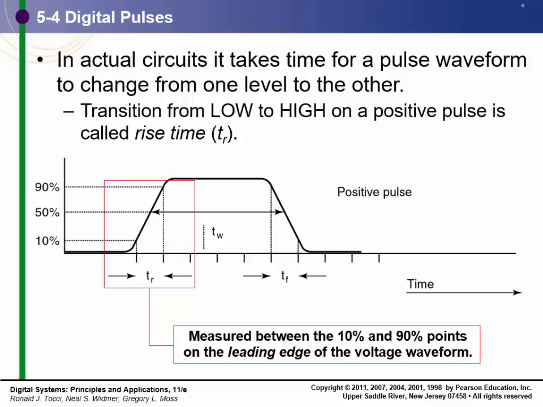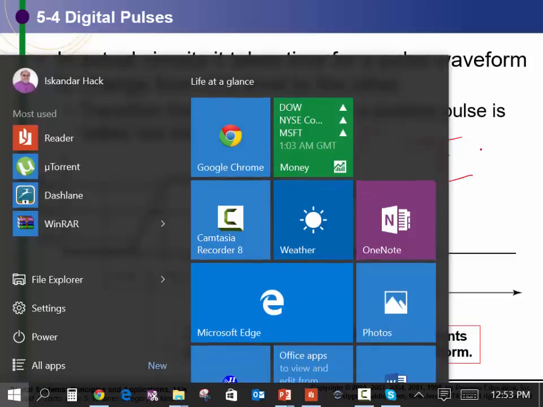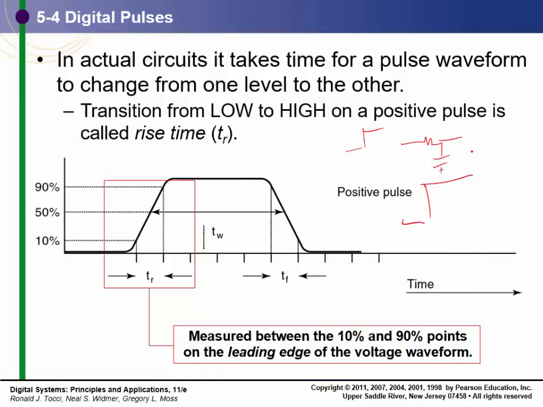If I take a pulse like this and put it through an RC circuit like this, the pulse that looks like this on this end is going to look like this. That's caused by stray capacitance to ground, plus the resistance of the leads and the solder connections and everything else, so you get this effect.